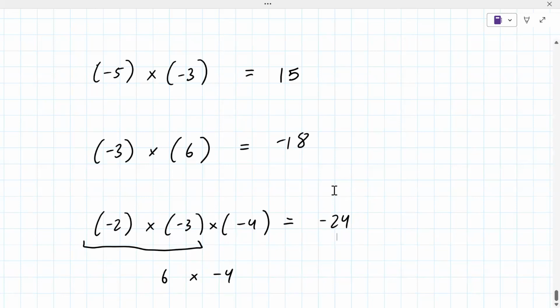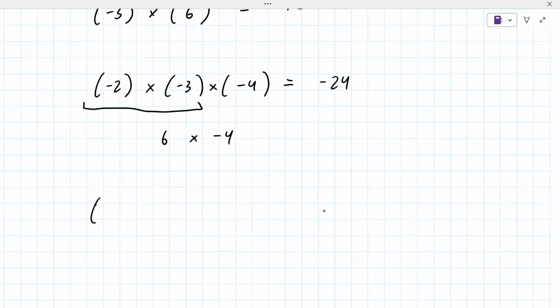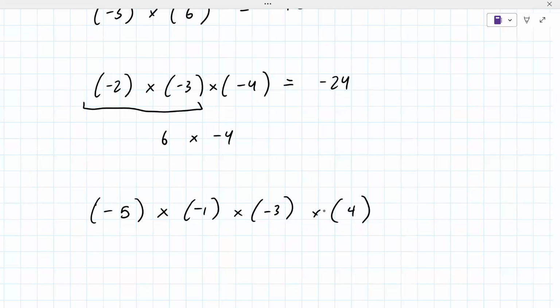I just took notes and copied down what you wrote at the top. Excellent. So let's do -5 times -1 times -3 times 4. -5 times -1 times -3 times 4.